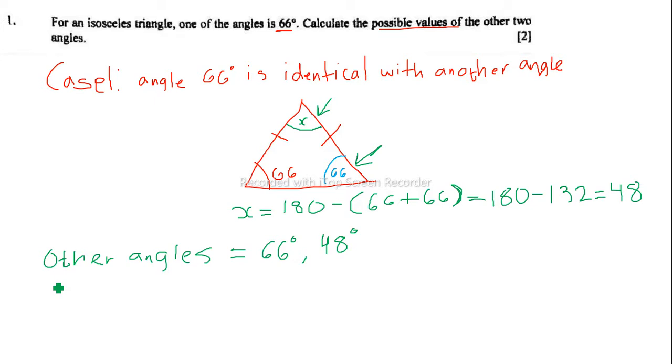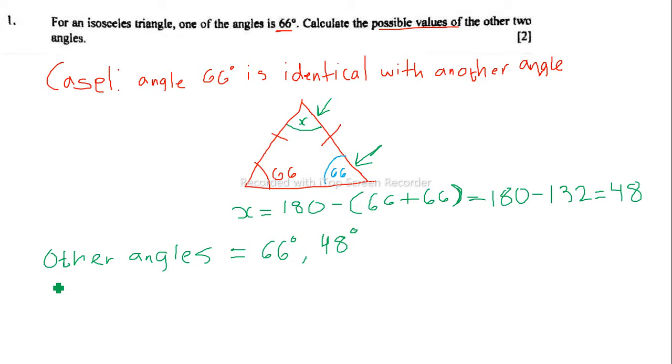So like I said, the next case we're looking at is the case wherein 66 is not identical to any other angle. The first case is when 66 is equal to another angle.